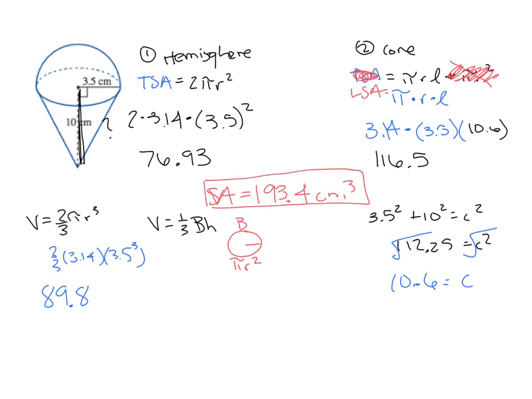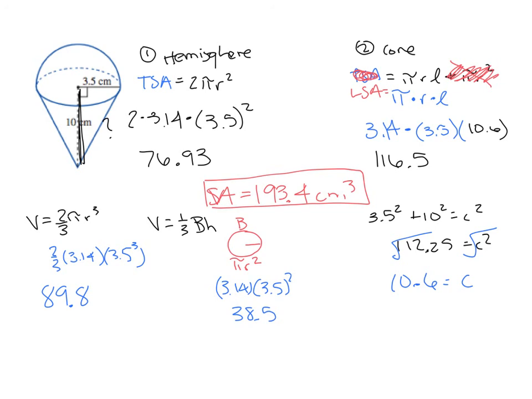89.8. And now for the cone, you have to first figure out what capital B is, which is area of the base, which is a circle. So that's pi, which we're going to use 3.14 for pi, times the radius, which we already know is 3.5, and we're going to square that. So 3.14 times 3.5 squared is 38.5.